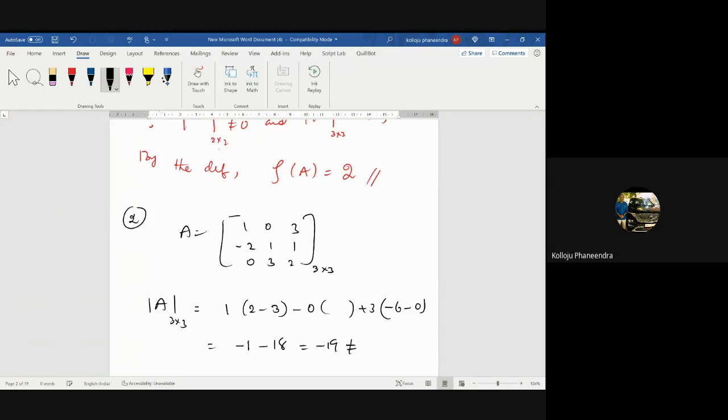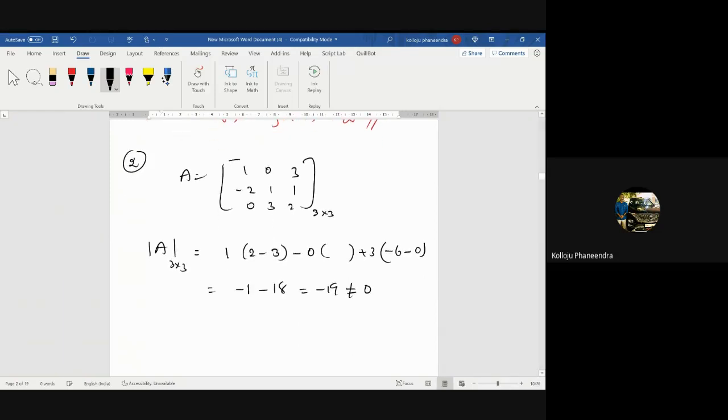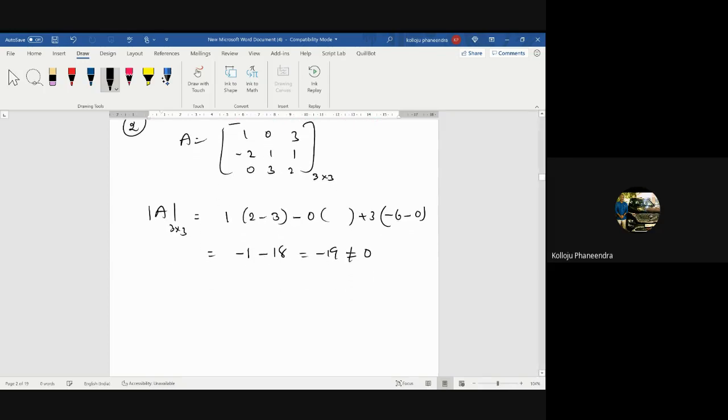Negative 1 and minus 18, minus 19. Now see what happened. The first condition itself is satisfied. There exists a minor of order 3 which is not equal to 0, which is non-zero.